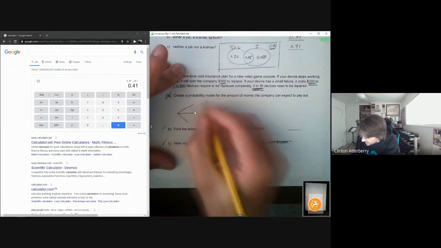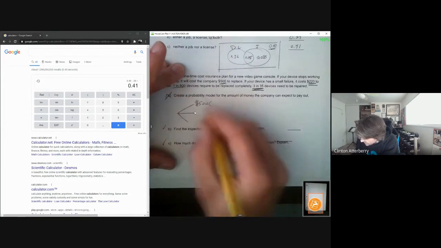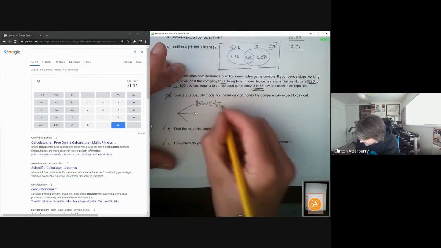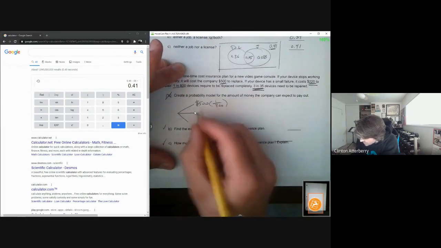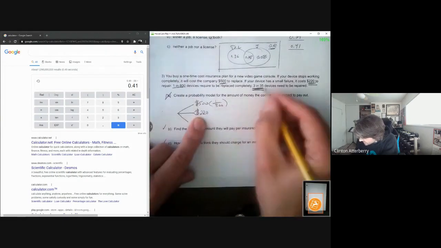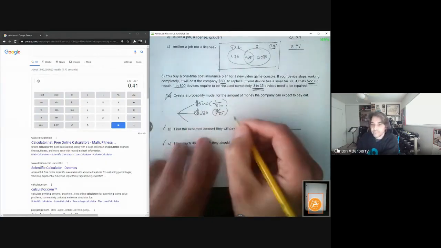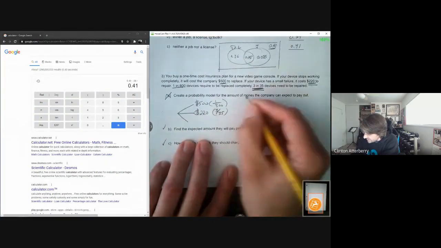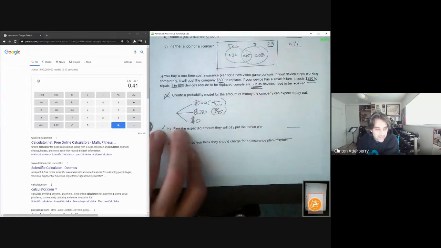Either a full replacement, which costs $500 and has a probability of 1 out of 800. There is a repair, which is $220, which has a 3 in 35 chance of happening. And then last but not least, it costs no money if it's not broken.